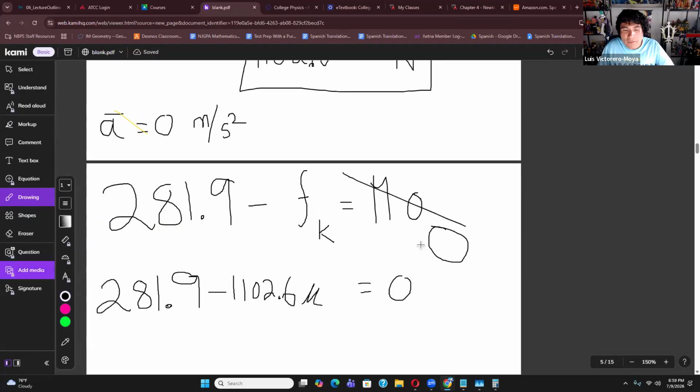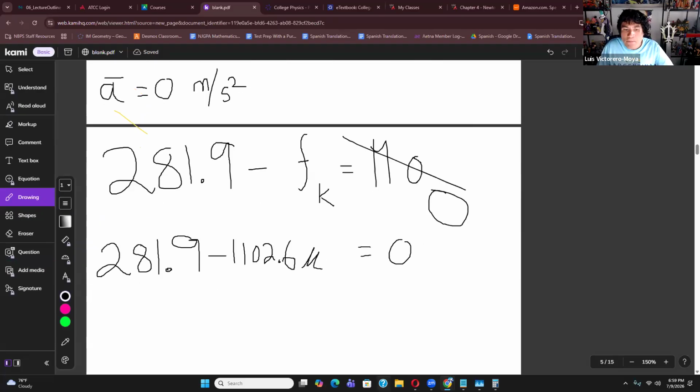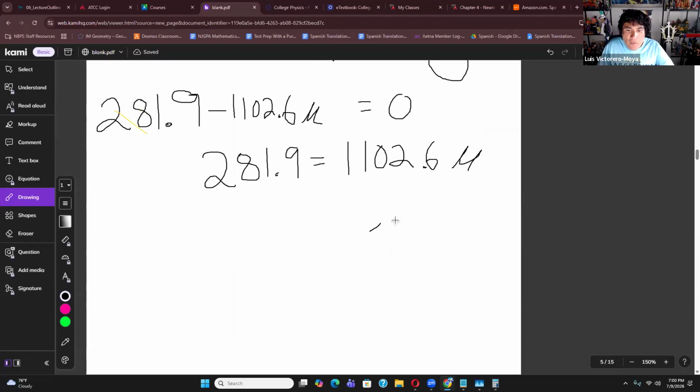This is how you solve for mu. So 281.9, I send this to the other side, equals 1102.6 mu. I divide by 1102.6 on both sides. So mu is very small, actually. What's mu equal to?